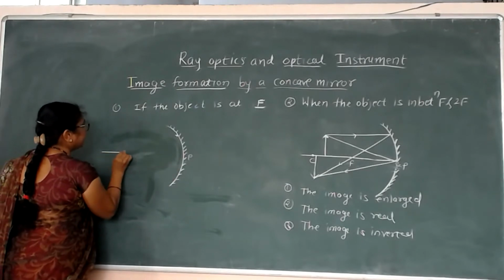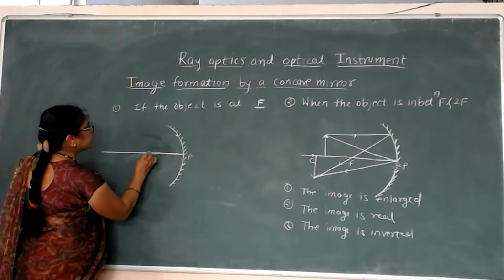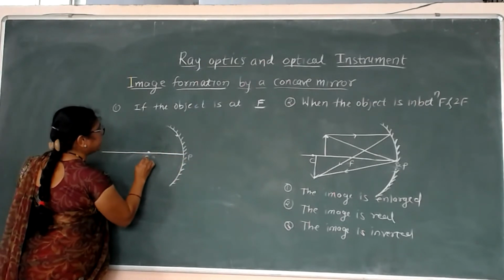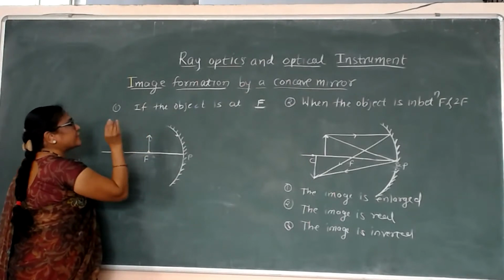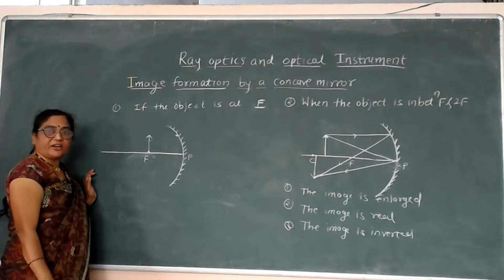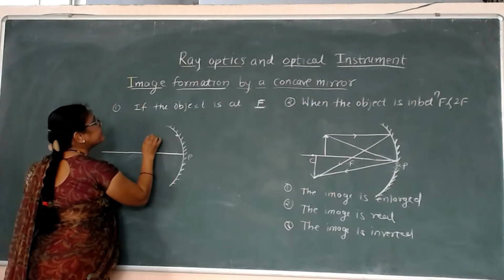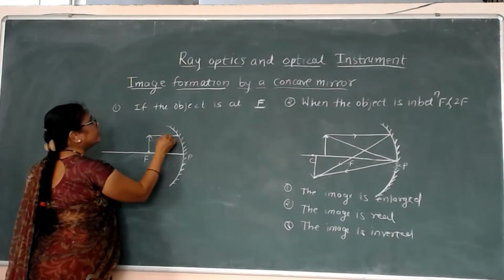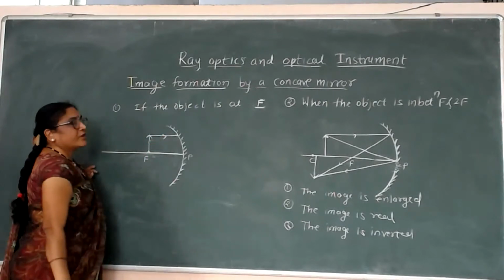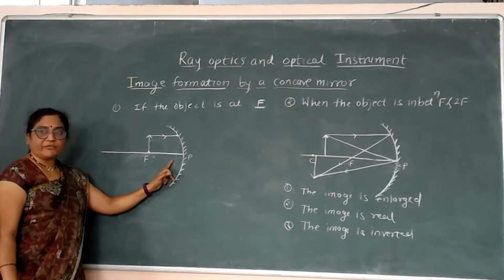Draw a straight line where the object is situated on the principal focus. Suppose this is the principal focus here. When an extended object is situated on the principal focus, suppose the ray of light is incident on this mirror. A straight line passing through this is incident on the mirror. Give the arrow mark. The ray of light is reflected and this concave mirror is a converging mirror.